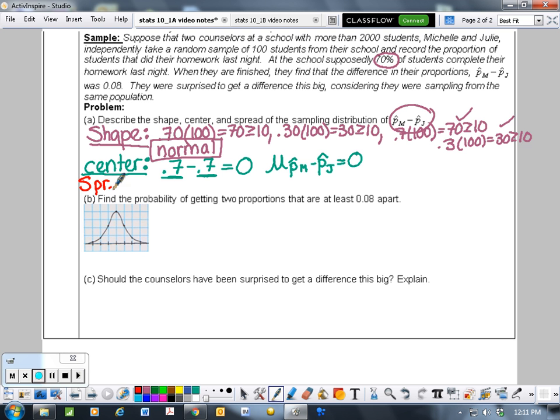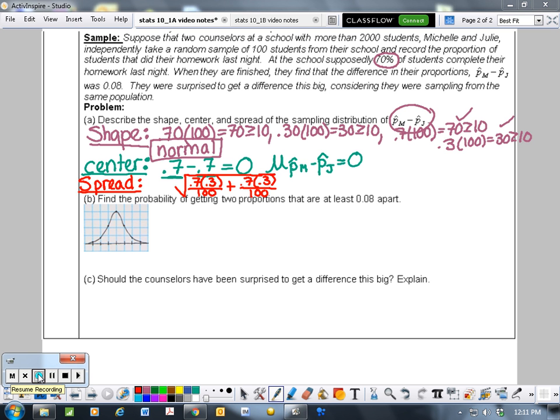And then we move on to our spread. And so to calculate our spread, we're going to go ahead and use that standard deviation formula. So the square root of 0.7 times 0.3 divided by 100, there's Julie's variance, and then 0.7 times 0.3 divided by 100. And so I'm going to calculate each one of those.